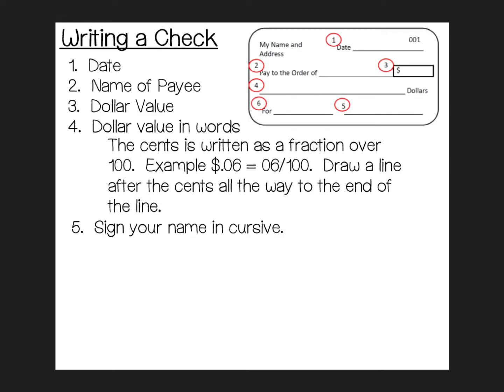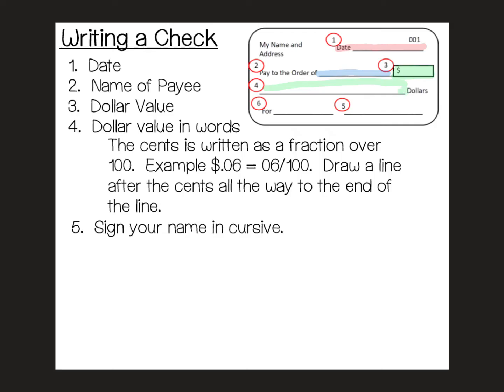So you start by writing the date that you're writing the check, so that is up here in the upper right hand corner. You put the name of the person you're going to be paying the money to or the company. You write the dollar amount in number form, and then you also write the dollar amount in words.